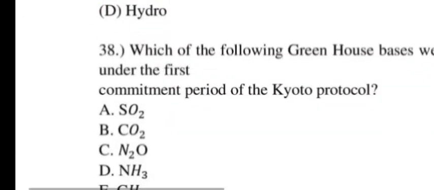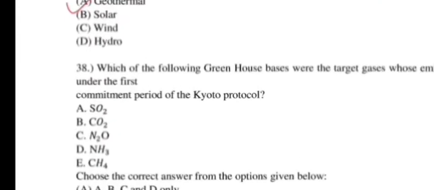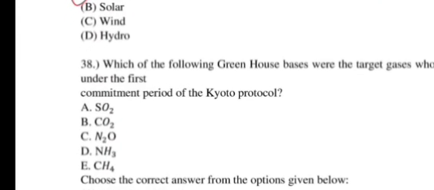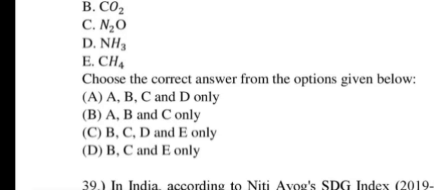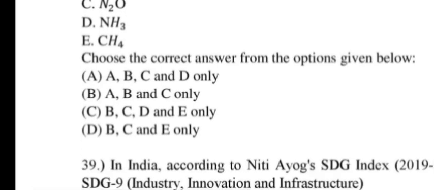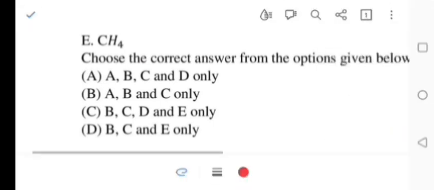Number 38 says, which of the following greenhouse gases were the target gases whose emission was to be covered under the first commitment period of the Kyoto Protocol? A, B, C, D, E: SO2, CO2, N2O, NH3, CH4. Now choose the correct answer. 38, it will be B, C, and E only.